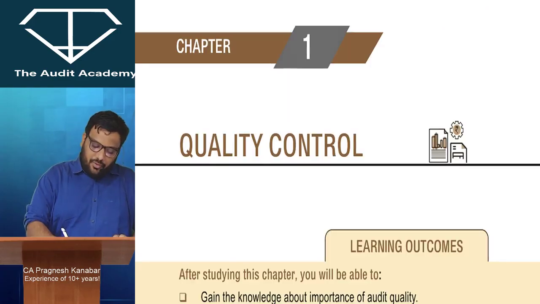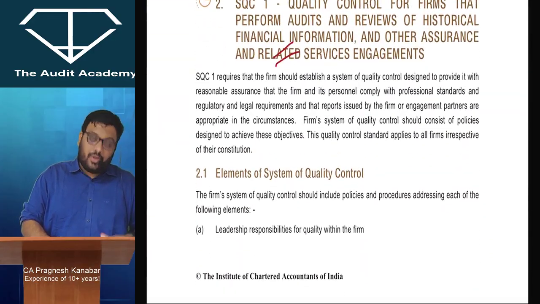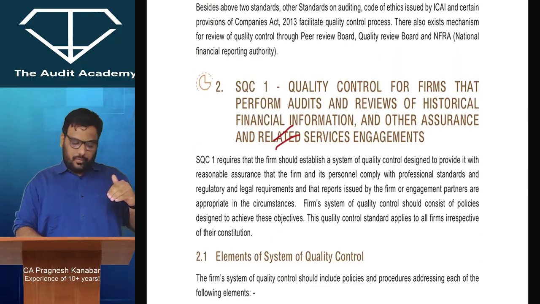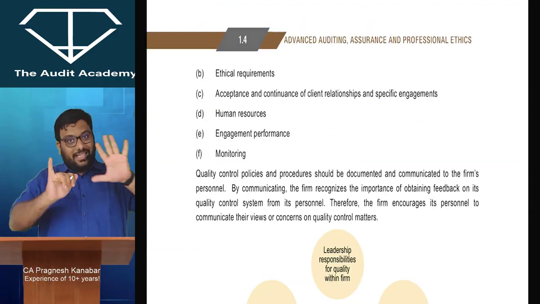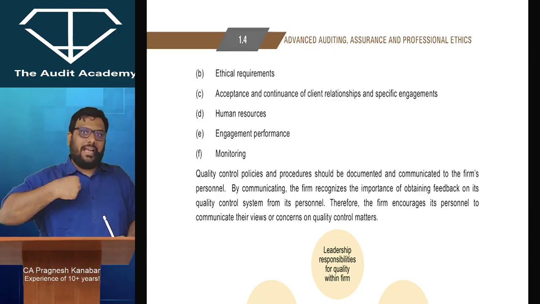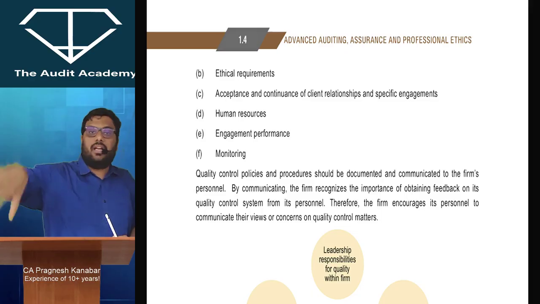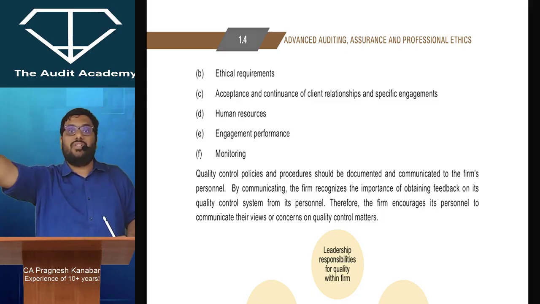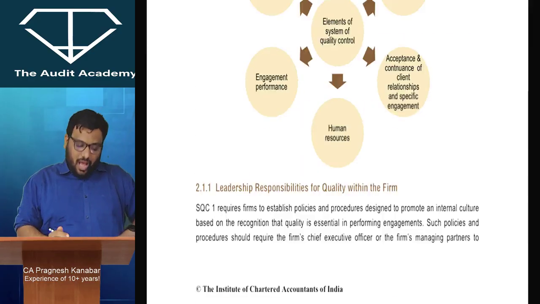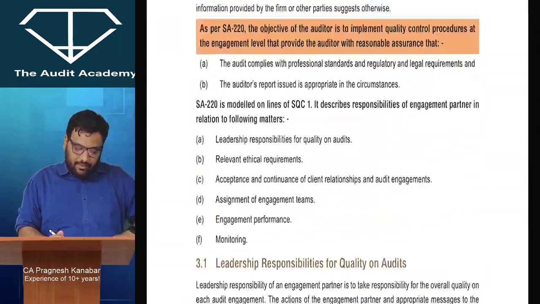In fact, if you see your module also, first they are discussing SQC1. All 6 elements have been discussed, but not from your angle, from my angle. That means as a CEO or managing partner, what will be my responsibility and how to design the firm's policies and procedures. After that, you will see SA 220.